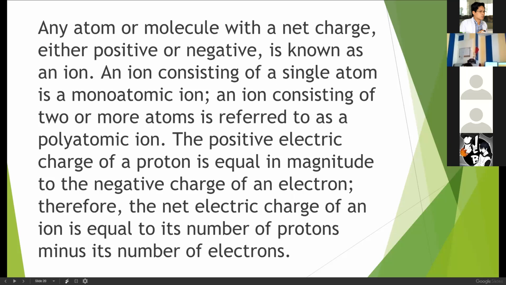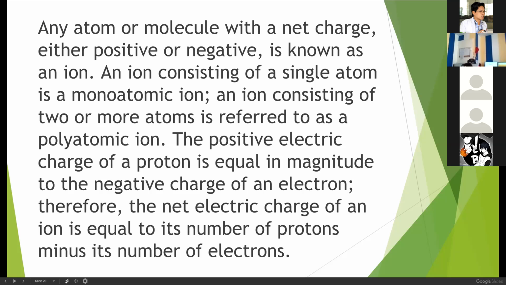Any atom or molecule with a net charge, either positive or negative, is known as an ion. Again, ions need to be bonded with another element. The bond there is called ionic bonding. An ion consisting of a single atom is called a monoatomic ion.